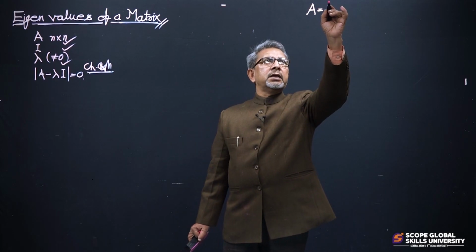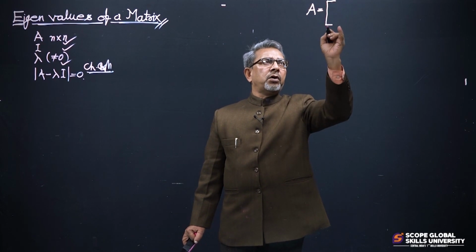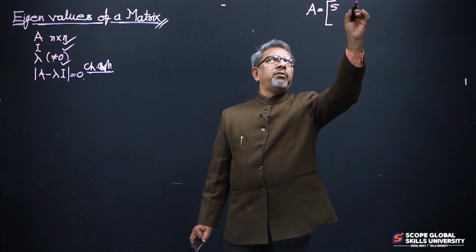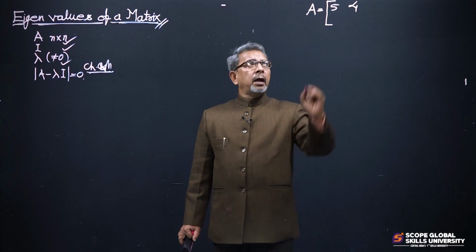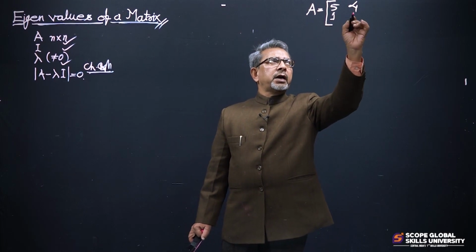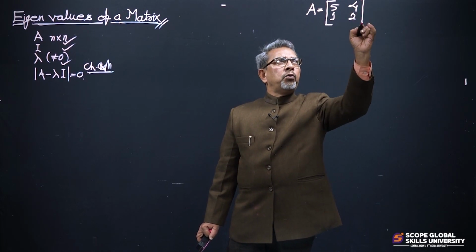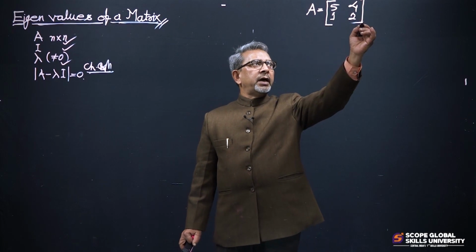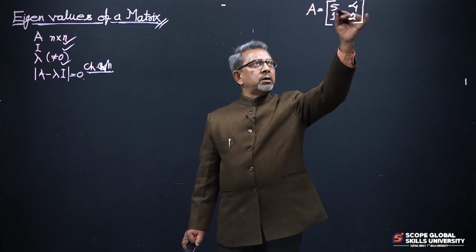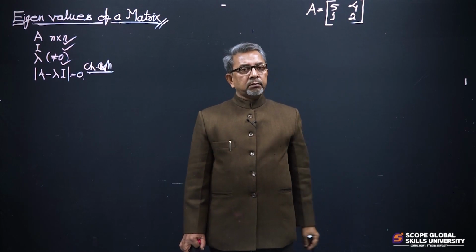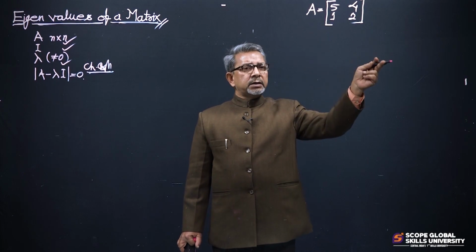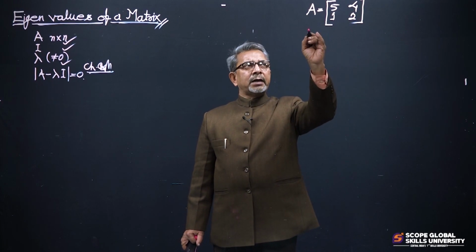Let us consider a matrix of order 2, that means 2 by 2, with first row 5, 4, and elements of the second row 1 and 2. You can see the order of this matrix is 2 by 2, that means it contains 2 rows and 2 columns. First of all, we will find its characteristic equation directly.